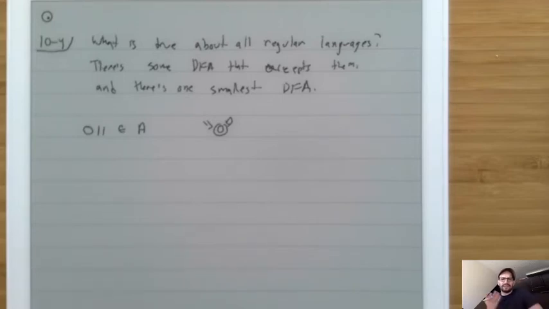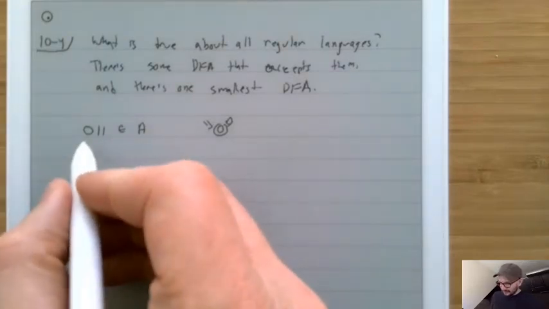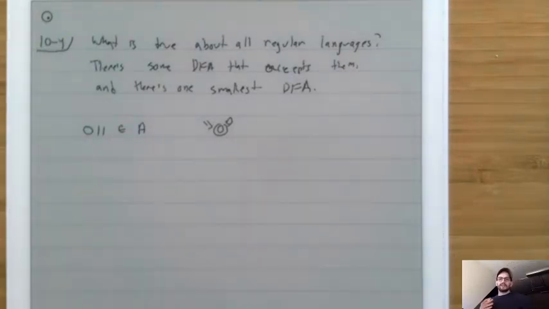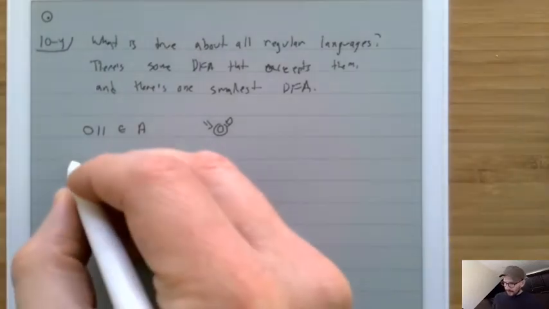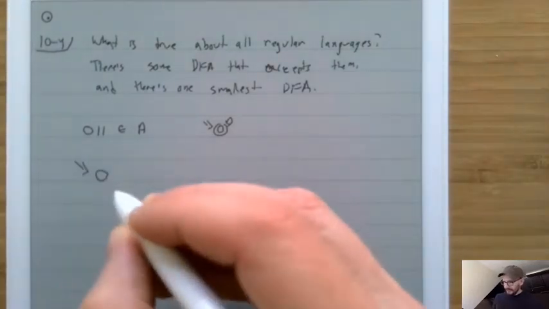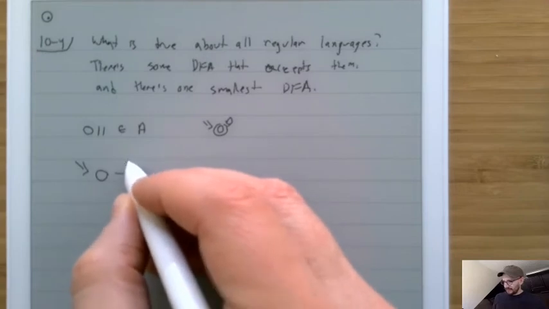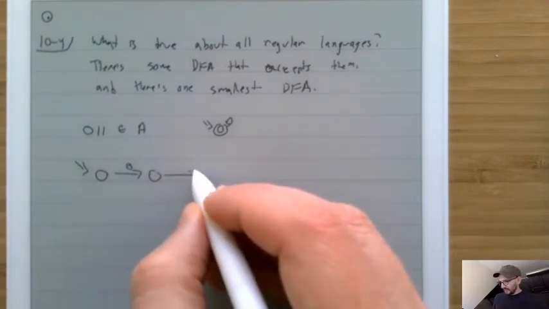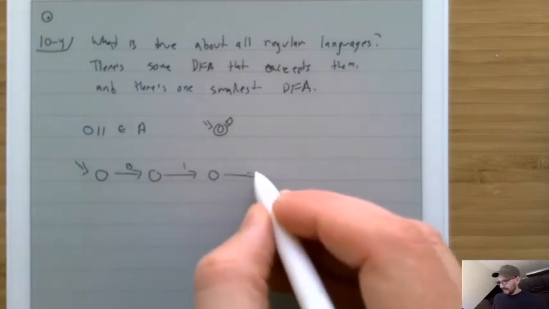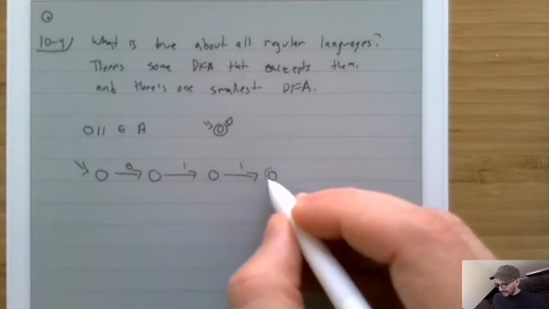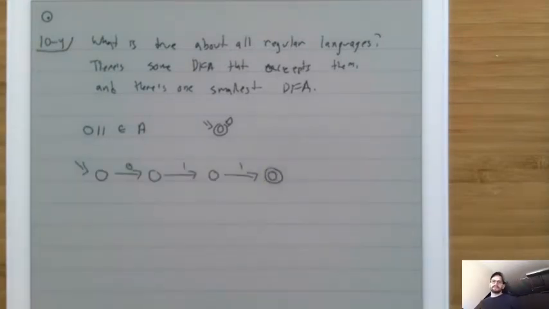Why do we want to do this? I don't know. We just want to. What's an example of a DFA that would still accept 011, but would visit the largest number of states possible? Well, it would start off in some state, then it would see a 0, then a 1, then another 1, and at that point it has to accept.